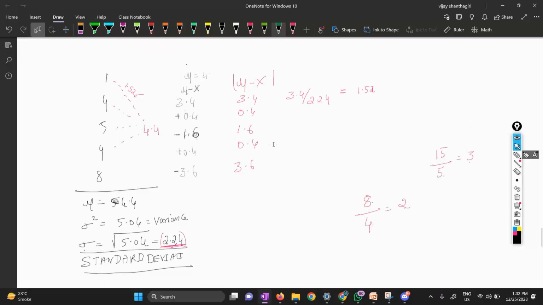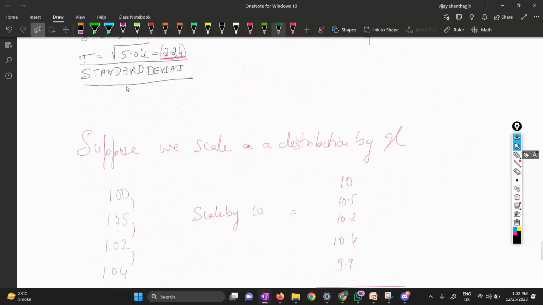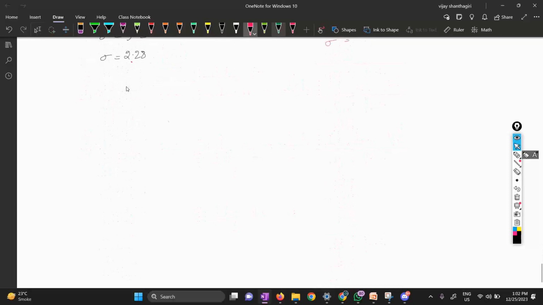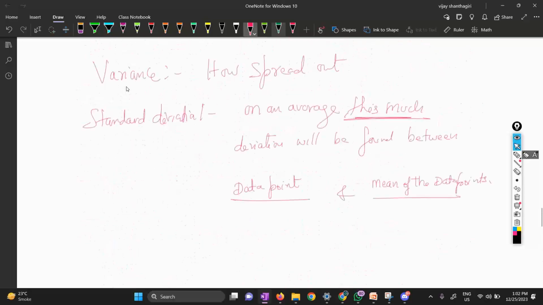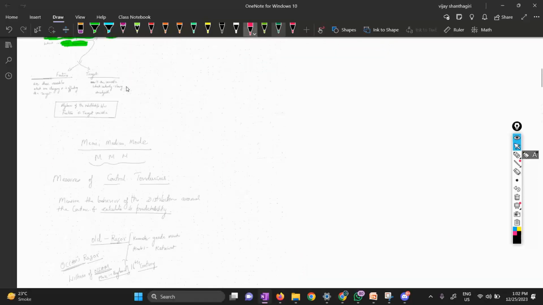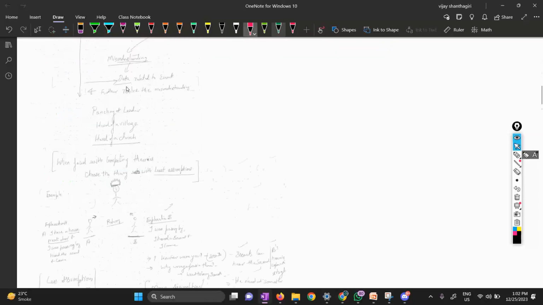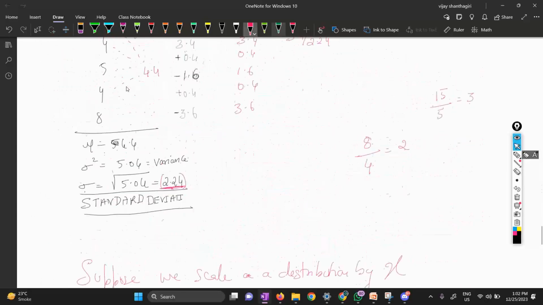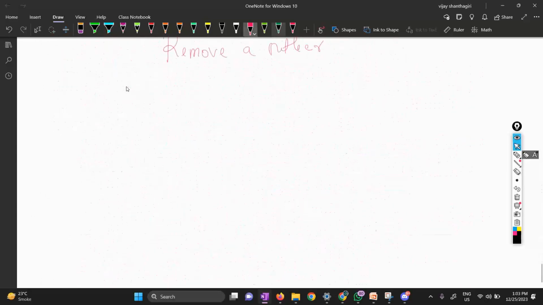Now that we are able to express each difference in terms of standard deviation, next time when we want to remove an outlier, like we had that example here, I was giving you an example. I think I remember that vector.